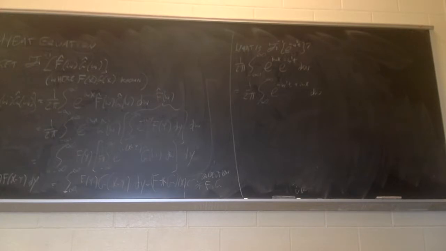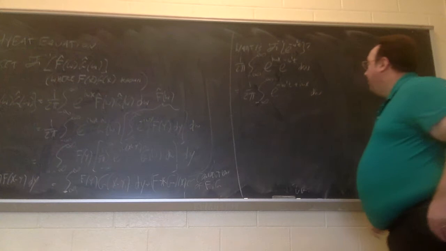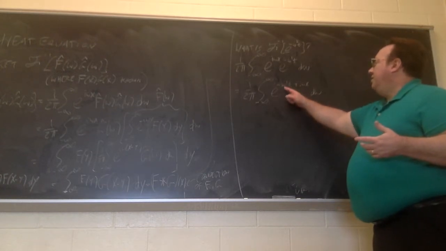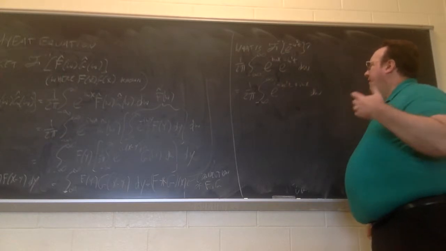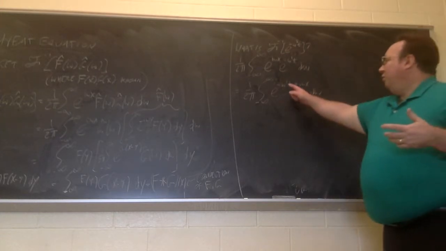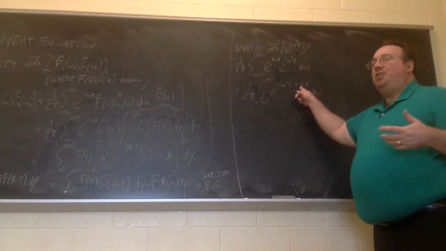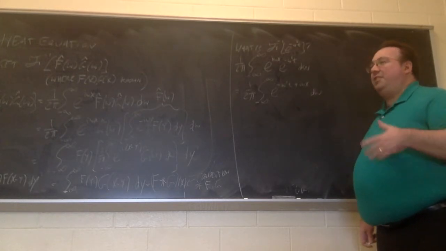Now, the next thing I'm going to do: if I have an integral involving just a variable of integration, like e to something like this, where the exponent is a perfect square, that's something I can do something with.